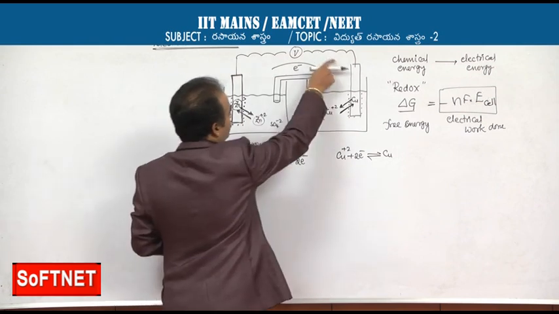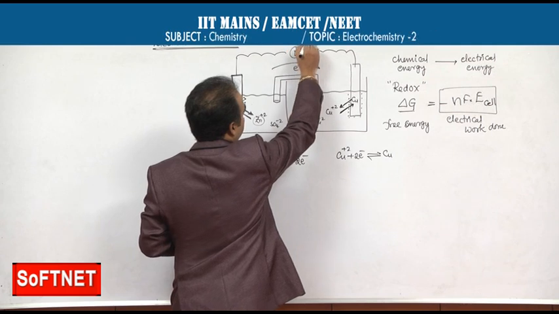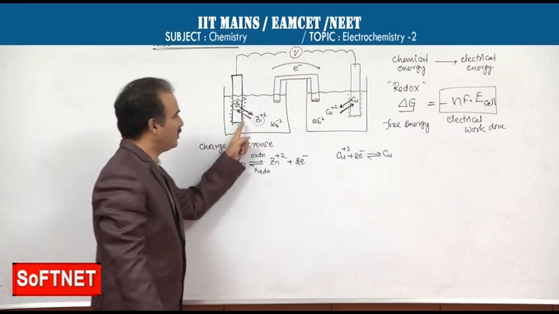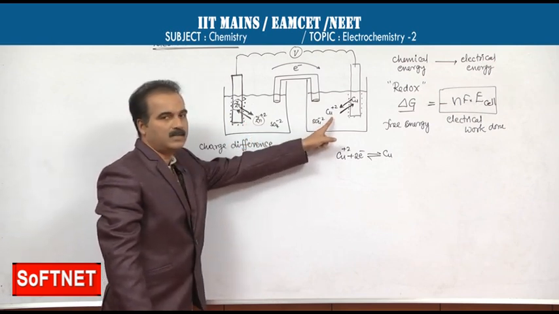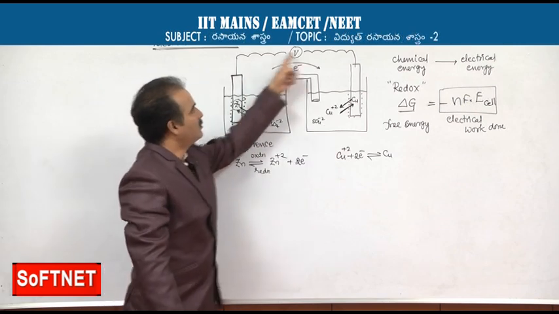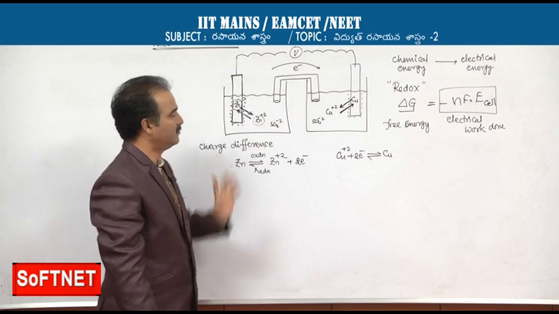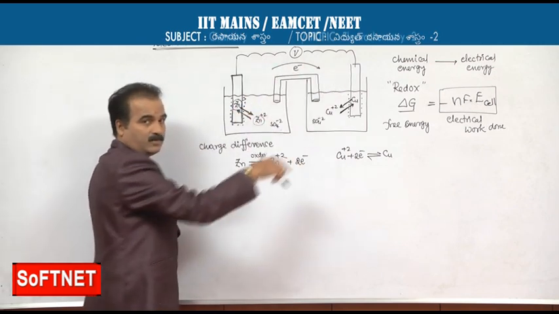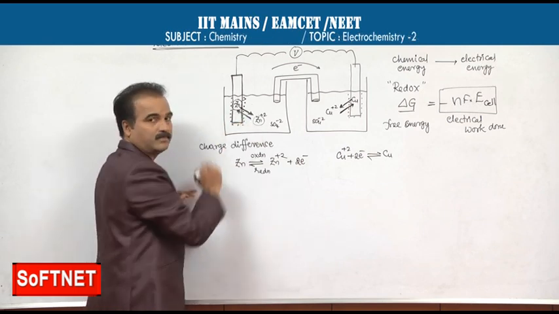If you connect them through a potentiometer, we can see the potential difference, which is observed to be 1.1 volts, when you take zinc +2 concentration 1 molar and copper +2 concentration 1 molar. So, before connecting the two electrodes, there is a dynamic equilibrium here.